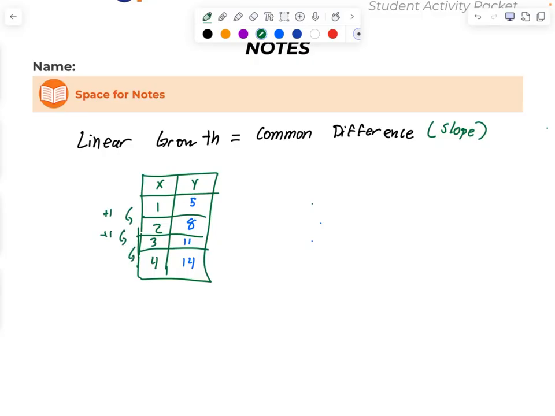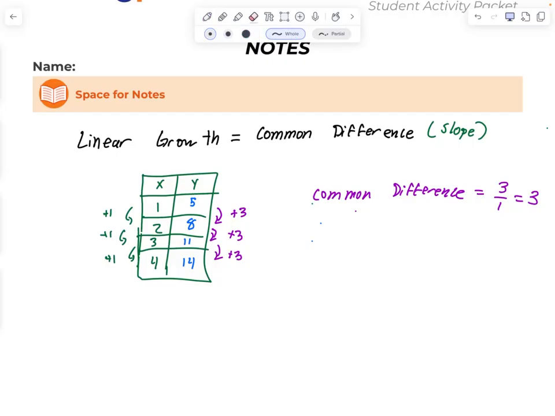The x's are going by +1. And as we can see here, if I subtract 8 minus 5, I get 3. So the common difference of this one is 3 over 1, which of course is just 3. The common difference in linear growth is also known as that slope that we should be able to identify. Okay?